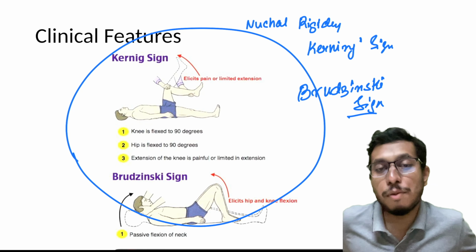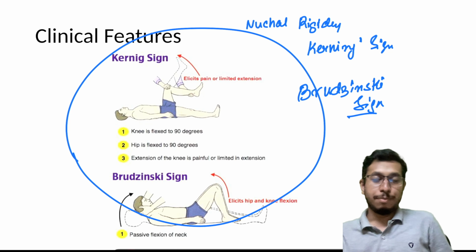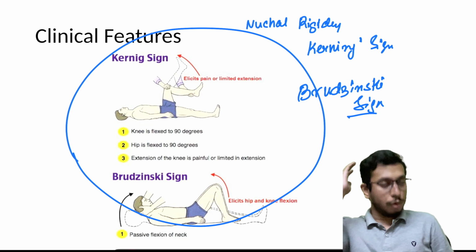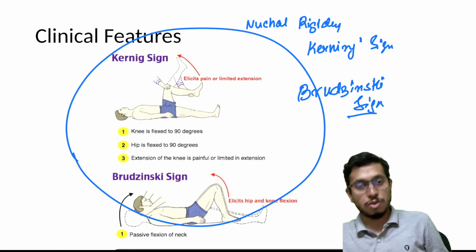Look, it is not specific for meningitis. It only suggests there is meningismus going on. Nuchal rigidity is considered a pathognomonic feature. When you try to flex the head, there will be difficulty flexing because of the rigidity there.